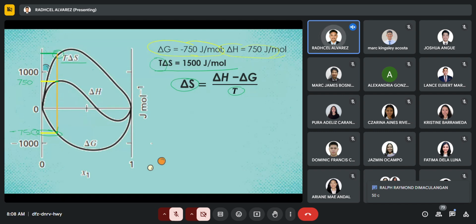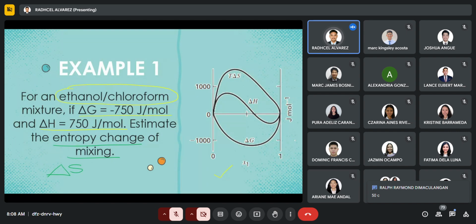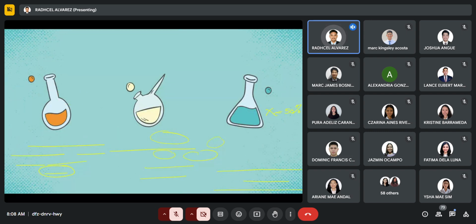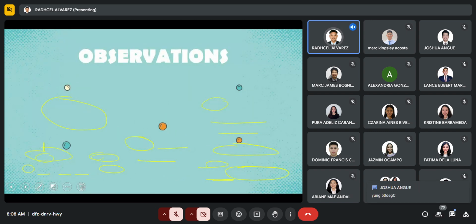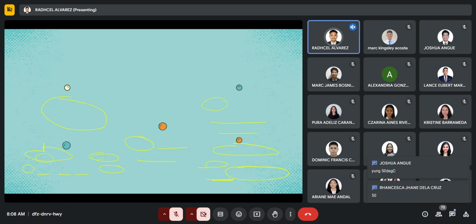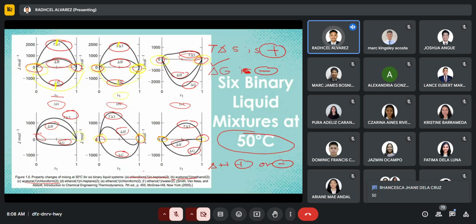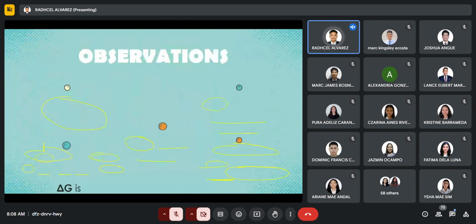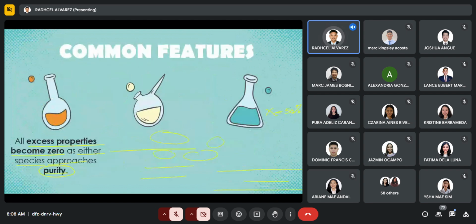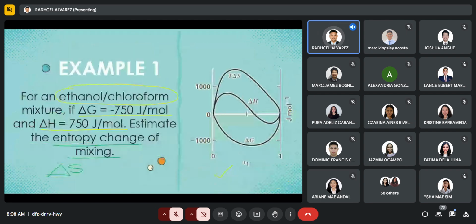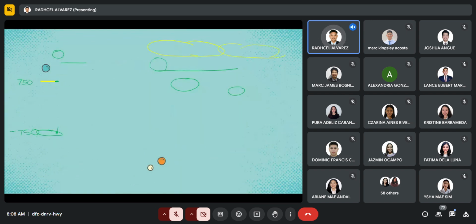Walang directly binigay, but based on our discussion earlier, sinabi natin na ang graph na ito ay at 50 degrees Celsius. Okay, very good. Ito yung 6 binary liquid at 50 degrees Celsius. So, automatically, magagamit nyo yung 50 degrees Celsius, kasi yun yung trend ng graph.